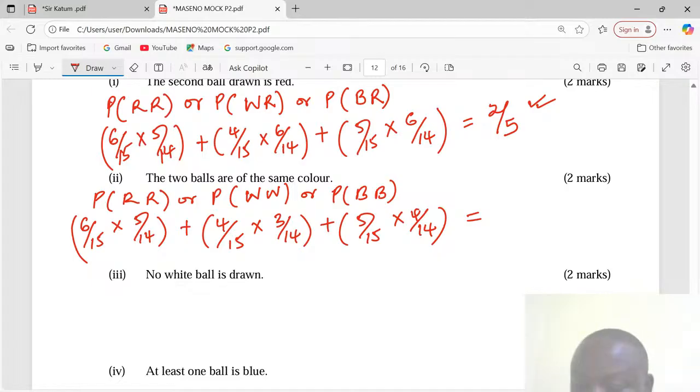So we begin again, and I hope you guys are multiplying 6/15 times 5/14, plus 4 out of 15 times 3/14, then finally 4/15 and 3 out of 14. This is going to be 31/105. 31 out of 105. Or maybe the person I thought was wrong was giving an answer for part 2 when we were doing part 1.